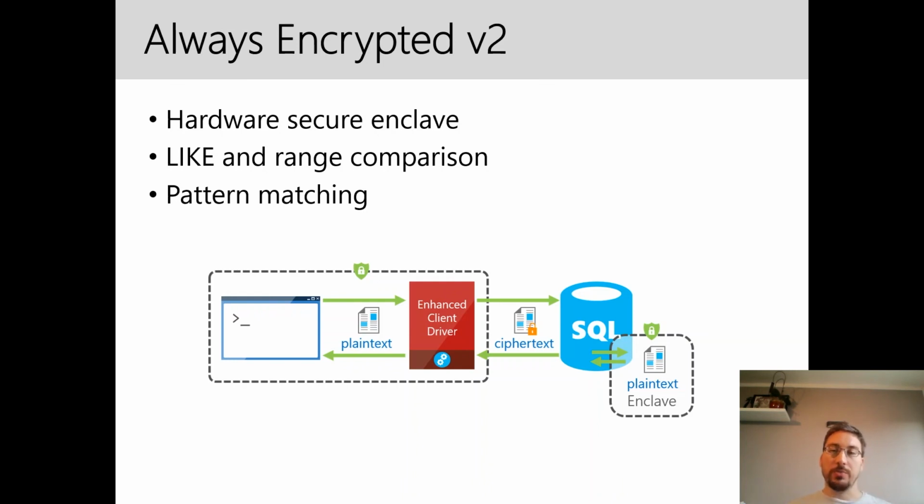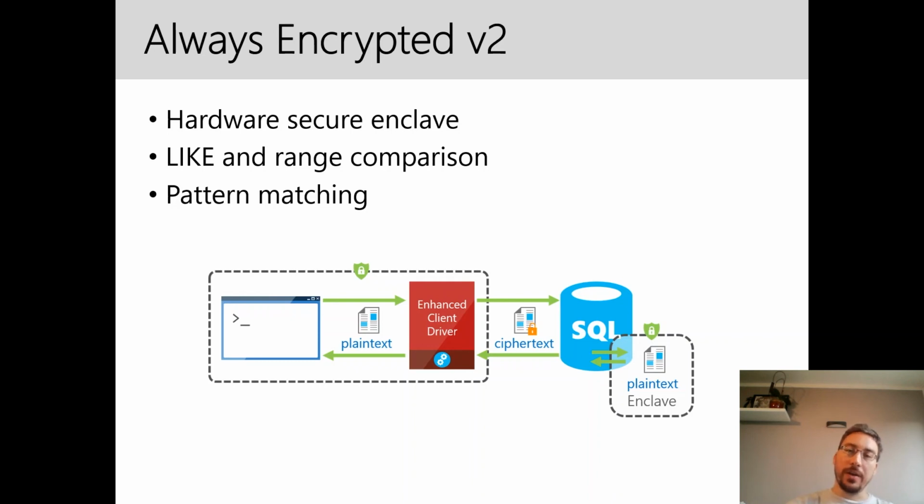Right? So this communication between the enhanced client driver and the secure enclave is again completely encrypted, and this enclave gets your master key. And if you say in your query, select star from customers where name like Mladen, for example, so you use a LIKE pattern matching, not exact values, it will load all of your raw data into this enclave. It will decrypt every row.